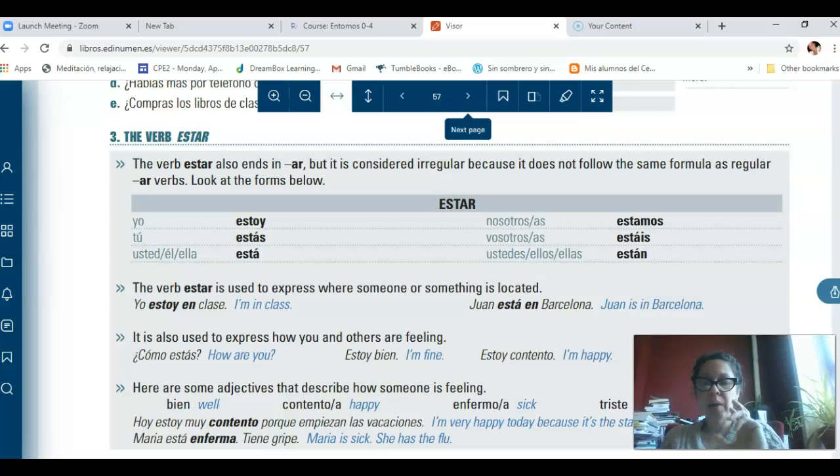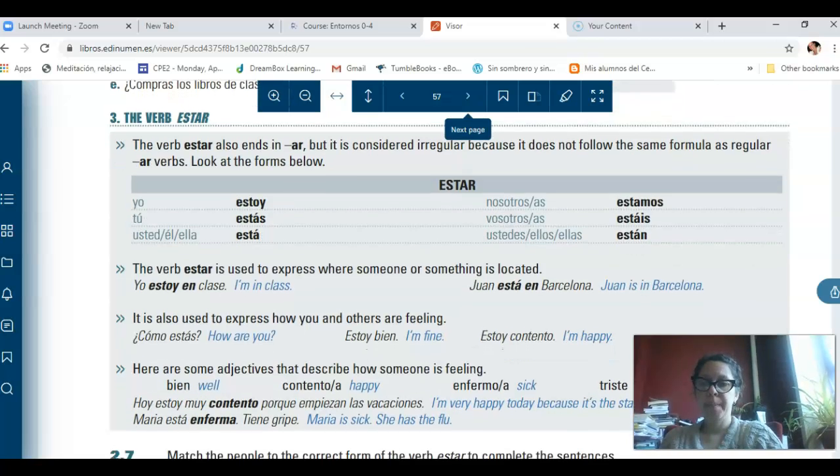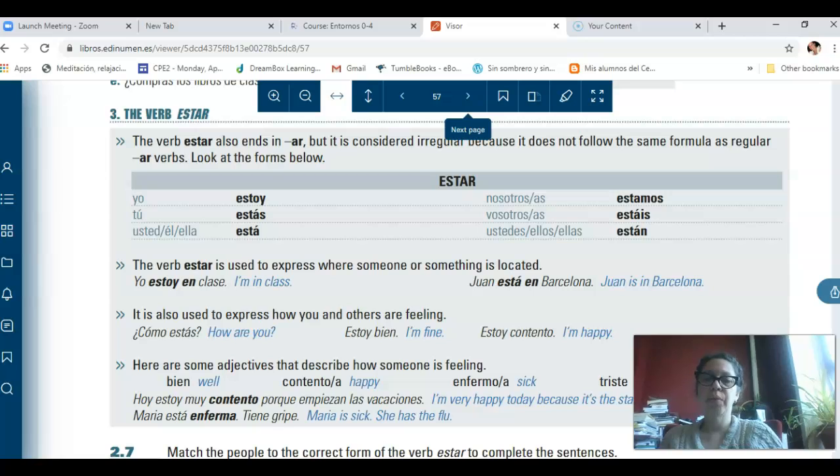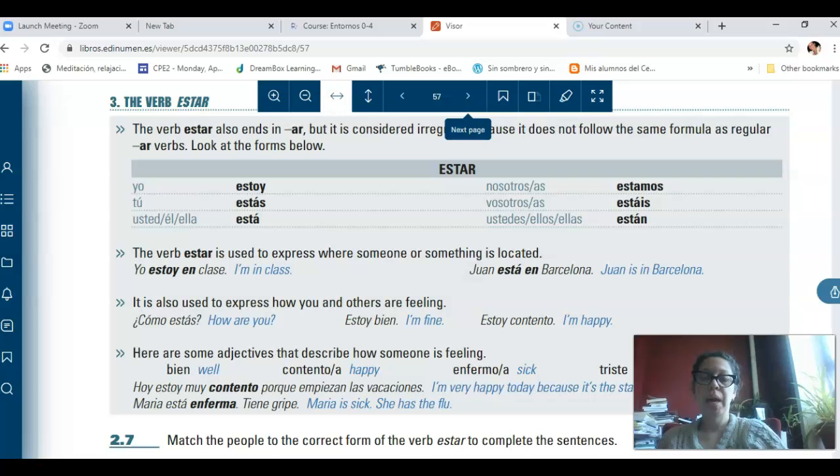Bien. And how to express. Okay? Bien. And then we have the verb estar. Do you remember at the beginning of the semester, ¿cómo estás? ¿Cómo estás? Estoy bien, ¿verdad? So, here we have the conjugations of the verb estar.